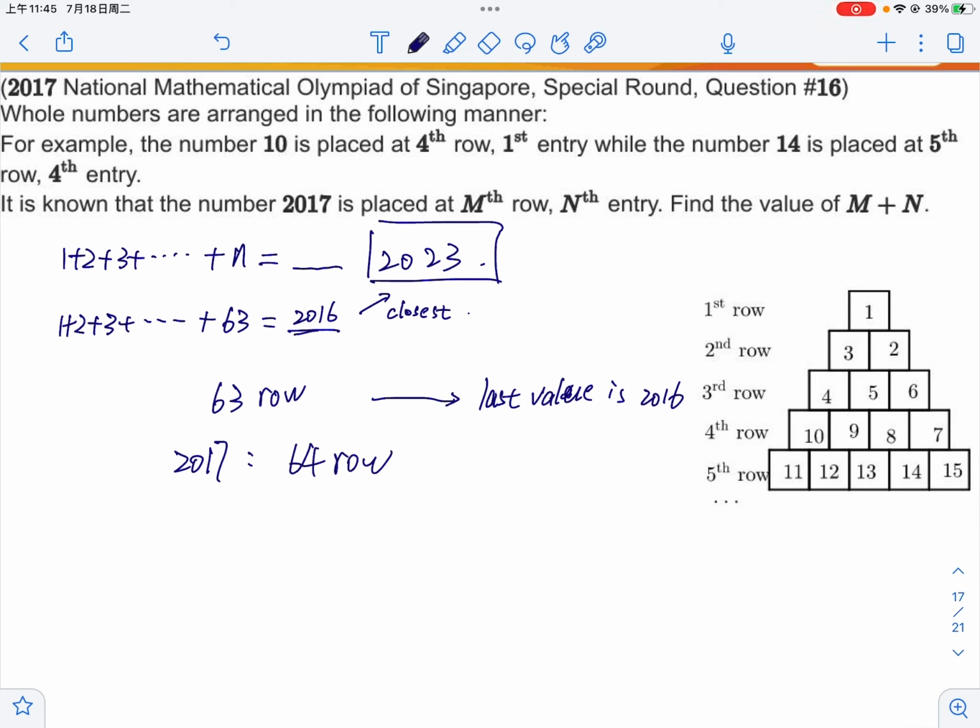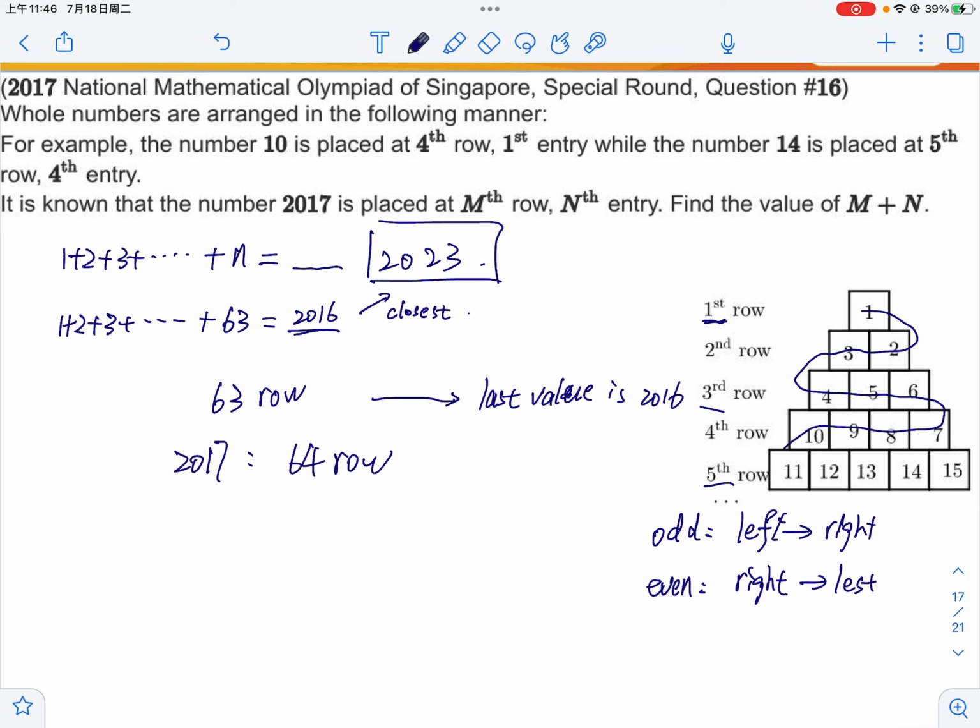Then you may find another important thing from this question: the odd-numbered rows go from left to right, and the even-numbered rows go from right to left. The order will become a zigzag, okay?